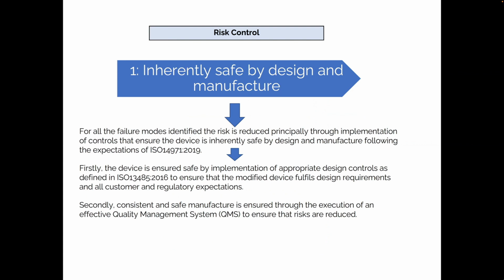So devices are designed in a very structured way, and when they are manufactured post-launch, there's a whole framework of the QMS which ensures that they're manufactured consistently and reproducibly, in terms of how the manufacturing is controlled and how suppliers and raw materials are controlled.